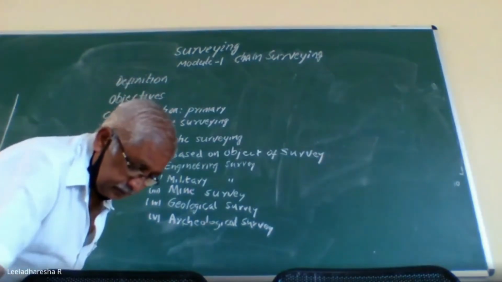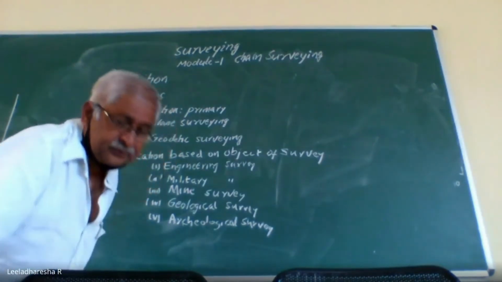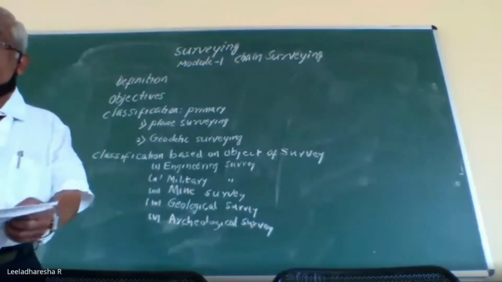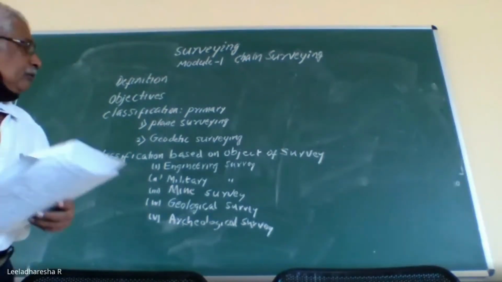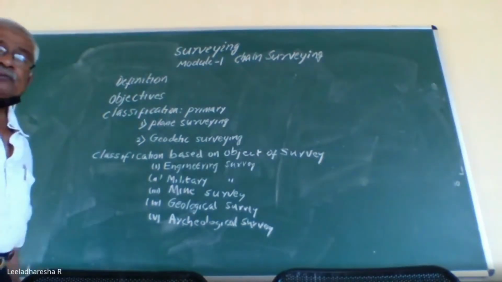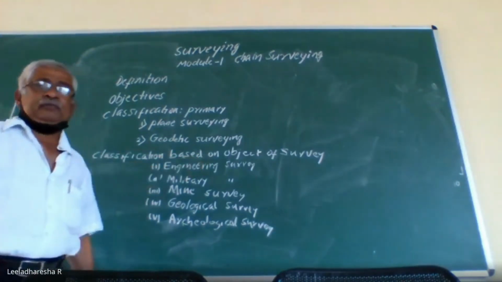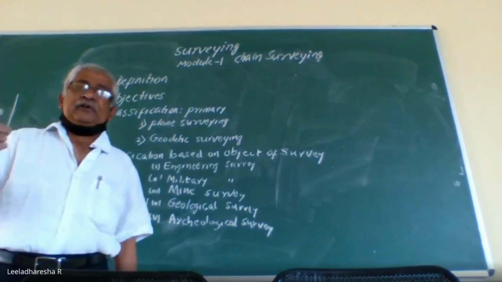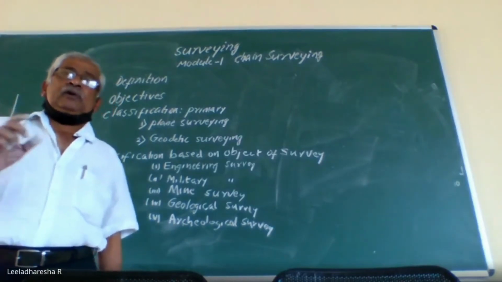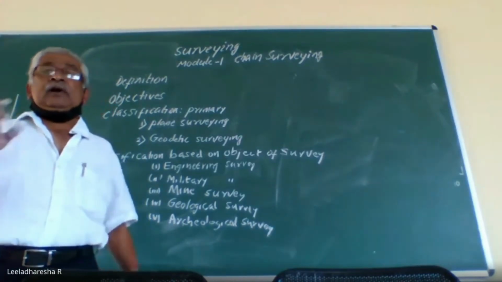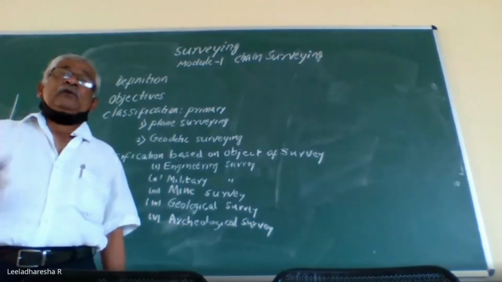So based on the object of surveying, there are different types of surveys which are carried by the different people for the purpose of doing some certain objects. So one is engineering survey. So normally, whatever surveys that we do, so I told you the example of a construction of a dam.